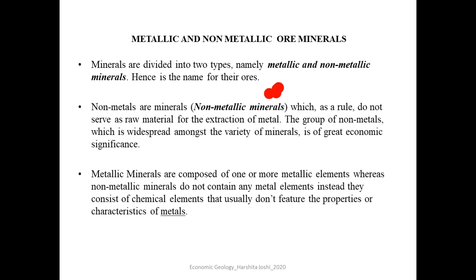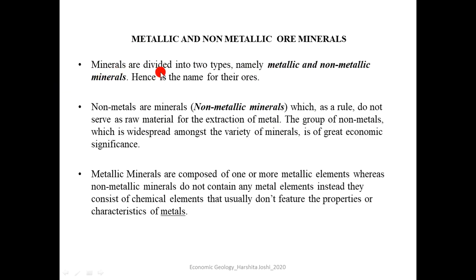So these elements behave in a particular manner which makes them a metal or a non-metal. We are going to talk about the minerals which are metallic or non-metallic, because minerals are themselves composed of elements. You have studied all this in detail in crystallography in the first semester, so I won't go into the details of metallic and non-metallic elements.